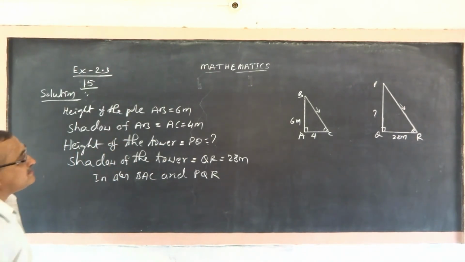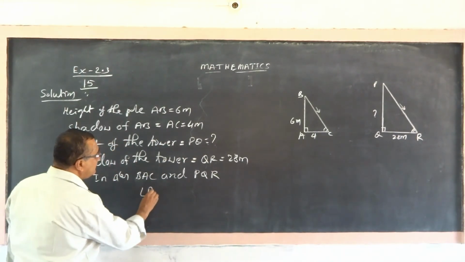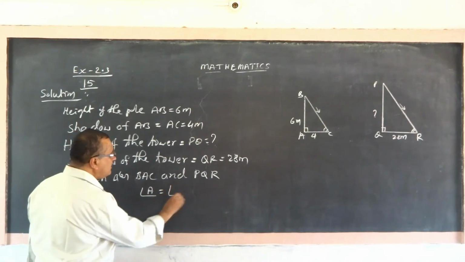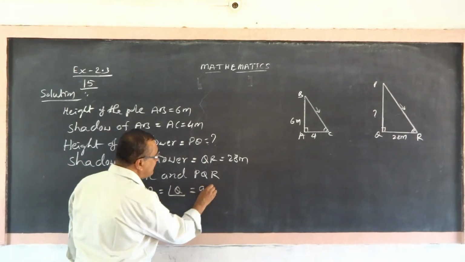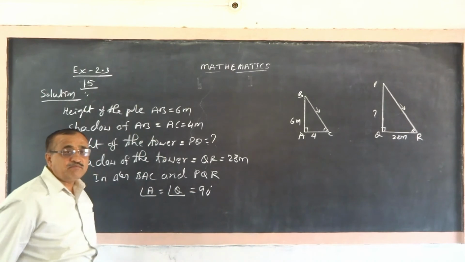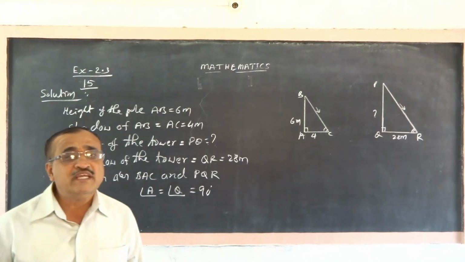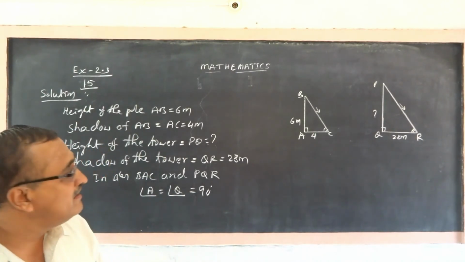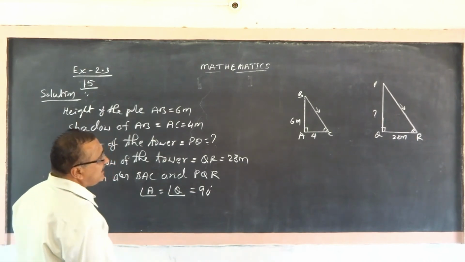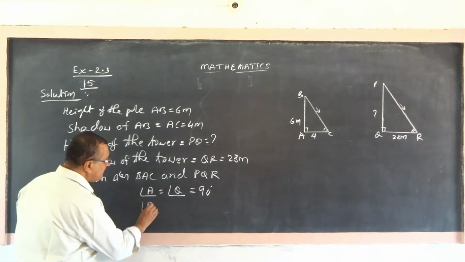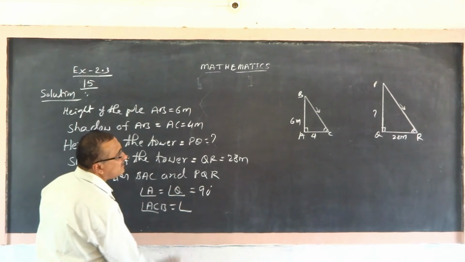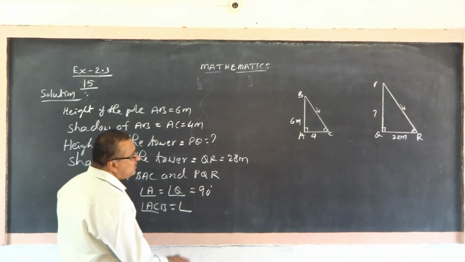Let us list out. Angle A is equal to angle Q, that is equal to 90 degrees, because both are standing perpendicular to the ground. Next, angle ACB is equal to angle QRP.